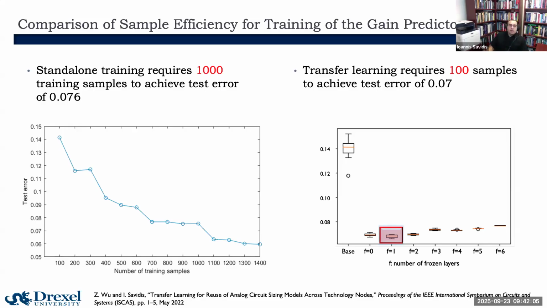And the interesting thing here is that F0 implies that none of the layers are frozen, but the initial weights that are determined from the initial domain actually help in guiding the model to better performance in the target domain.